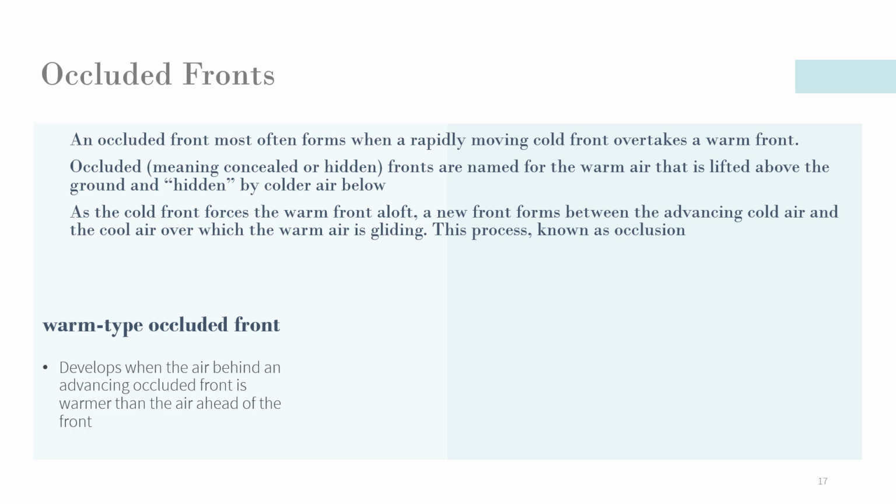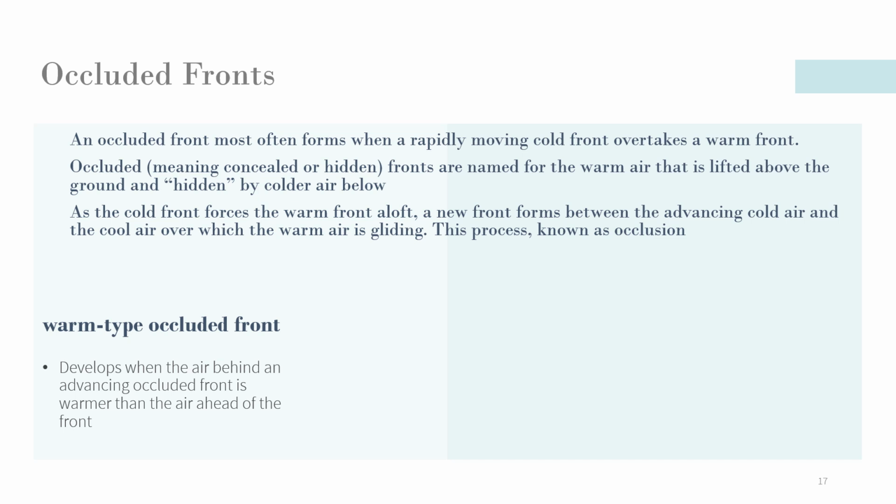This warm type occluded front develops when air behind an advancing occluded front is warmer than the air ahead of the front. So in this situation, the cool air is warmer and lighter than the cold air ahead of the front. Consequently, the cool air ascends and moves over the denser cold air ahead of the newly formed occluded front.